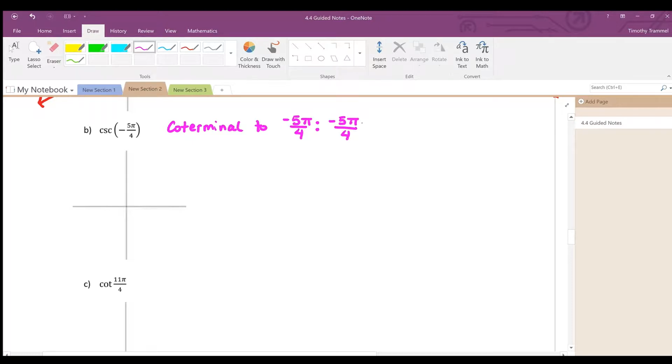Let's see if it is. Okay, so that's going to be minus 5 pi over 4 plus 8 pi over 4, which is 3 pi over 4. And then we can come in here and we can sketch that angle instead. We don't need to sketch this minus 5 pi over 4.